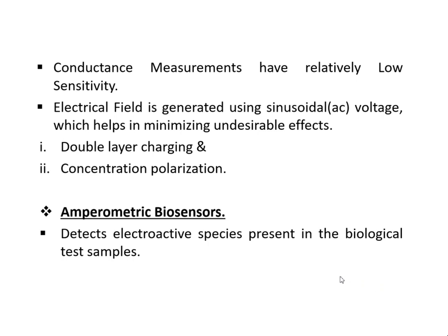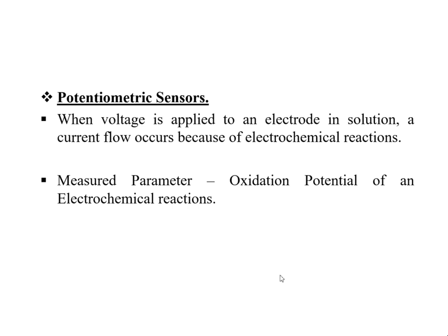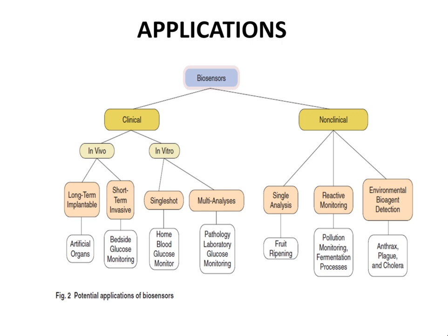Amperometric biosensors are useful to detect electroactive species present in biological test samples. Potentiometric sensors are used to measure the oxidation potential of electrochemical reactions.